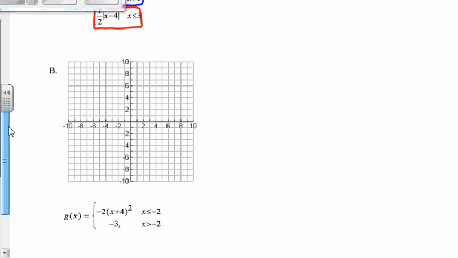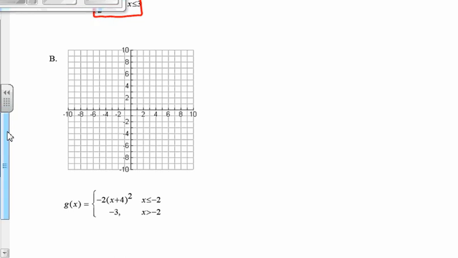Okay, so continuing on B, we have a quadratic and we have a linear function that's ruled by -3. So same strategy here. I'm going to start with this top line. And we're going to go ahead and make a table for that. So I'm carrying it over here.